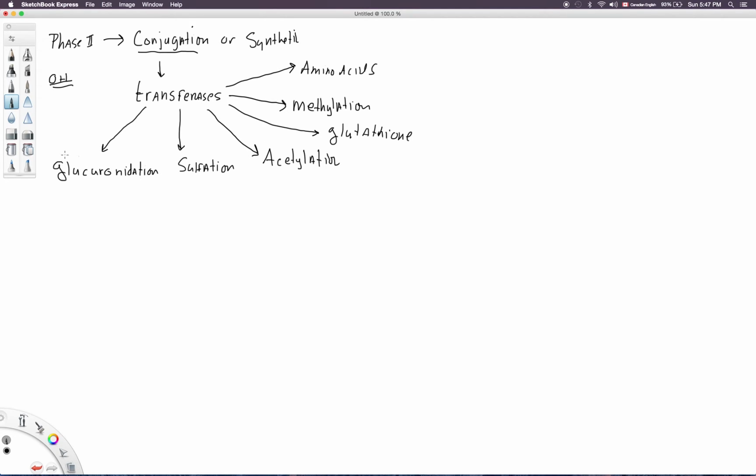And what I'm going to talk about primarily today is glucuronidation. This is very important, very common, and highly relevant in a toxicological sense. Okay, so in most mammals, glucuronidation is a major component of phase 2 biotransformation. Interestingly enough, it does not appear to be a major pathway in cats.